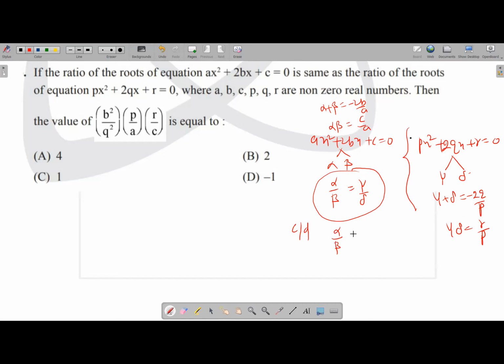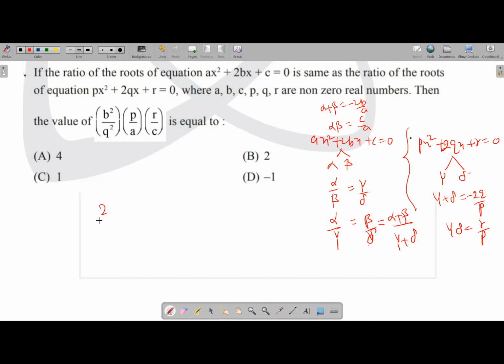Now alpha upon beta equal to gamma upon delta can be written as, oh no, do one thing, because we have to find alpha plus beta. This can be written as alpha by gamma equal to beta upon delta, bringing gamma to this side and beta to this side. So this can also be written as alpha plus beta upon gamma plus delta.